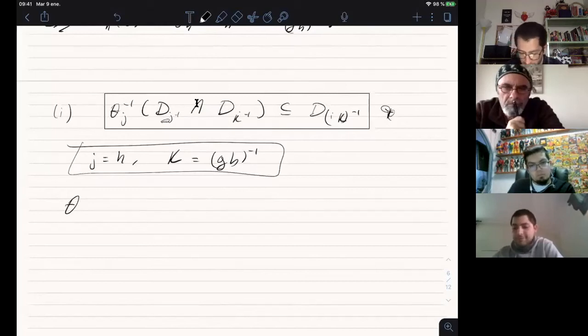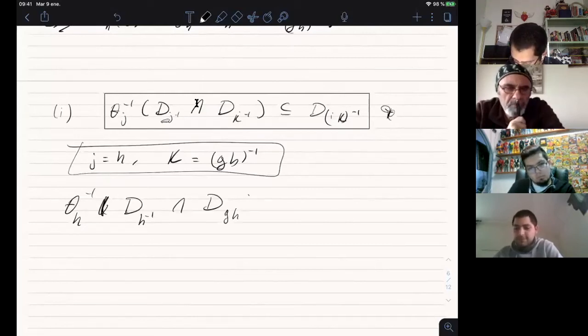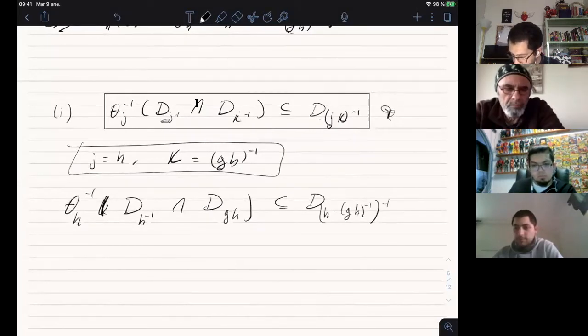Then what we have is theta H of the H minus 1 intersected with GH. That's going to be inside of the H times JH minus 1, and all of this is going to be equal to DJ.